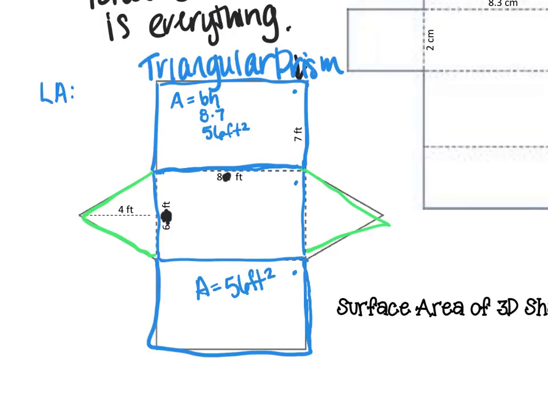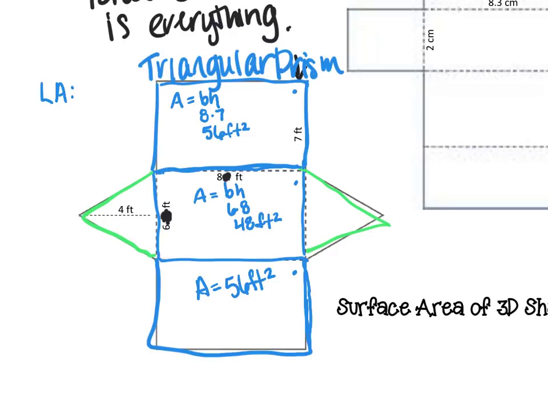Now, by the dimensions that they give us on here, it tells us that it's not equilateral. If it's an equilateral triangle, then all the 3 rectangles are the same. But it gives us a 6-foot dimension here. So this means that this piece is different. Okay, so 6 times 8 is 48.